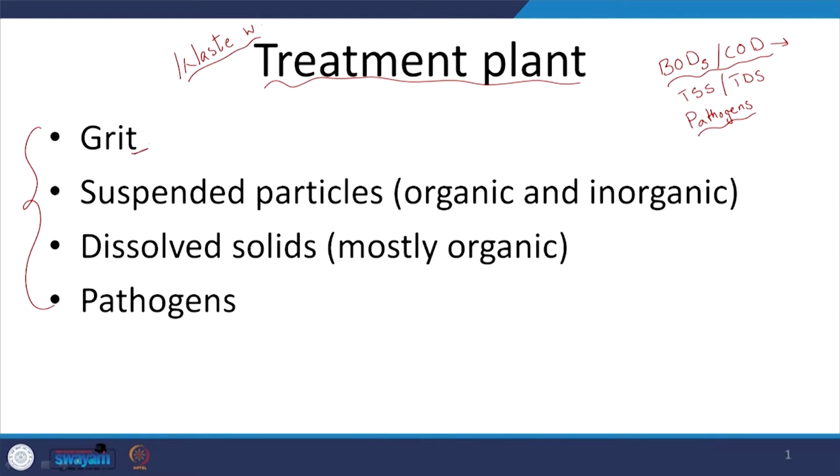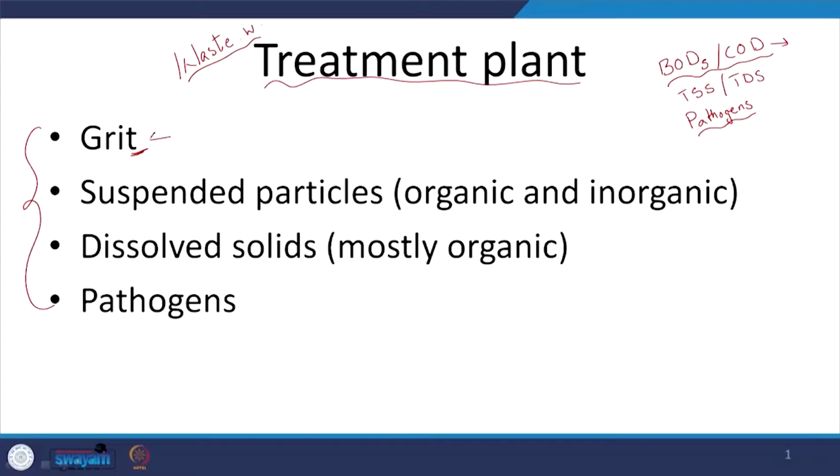So, we have grit, right, and other heavier particles. Grit, think of your coffee beans, sand or such that comes in along with the rains, or roasted coffee beans that you use and sometimes dispose into the drains, such, we have grit. And then we have some relatively finer suspended particles, right.